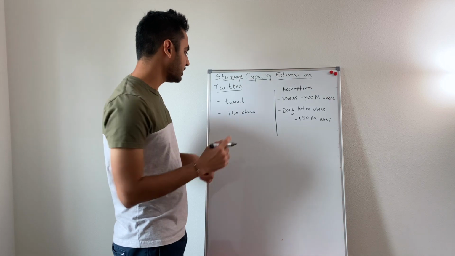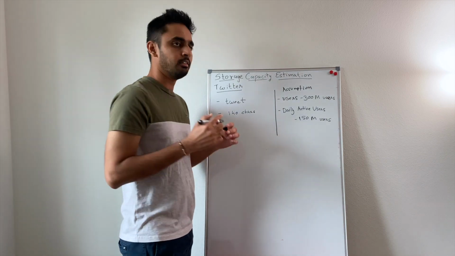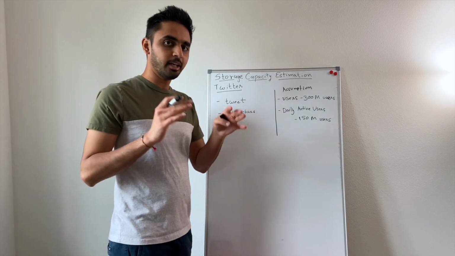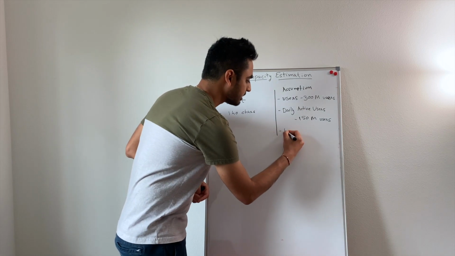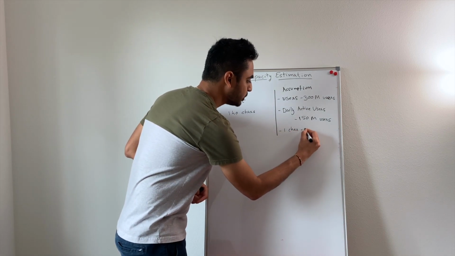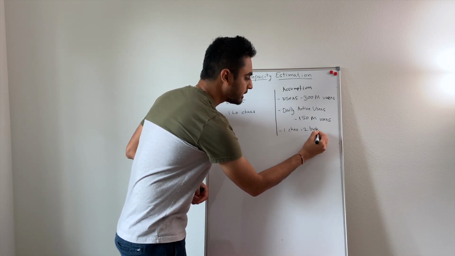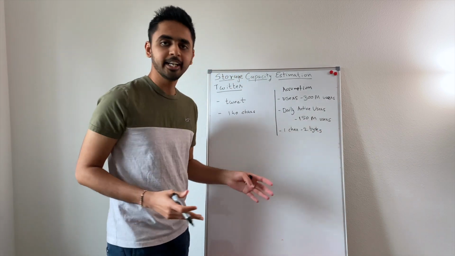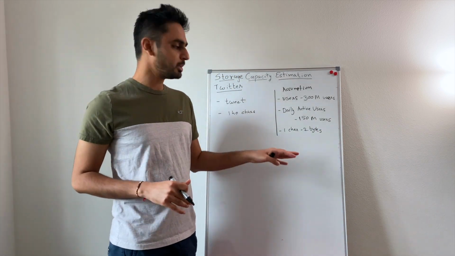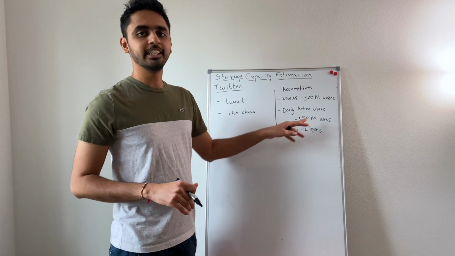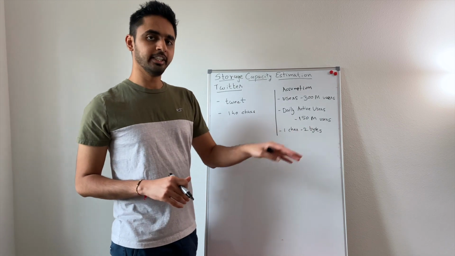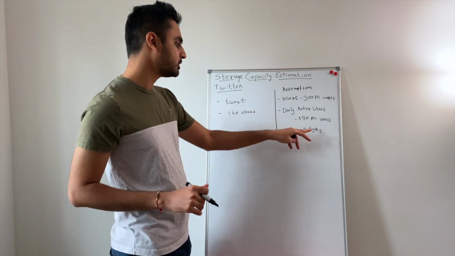Again, I'm assuming one character is 2 bytes. It can be different, like 1 byte or something else, but for this example we are taking 2 bytes. We can change it in future and recalculate again.